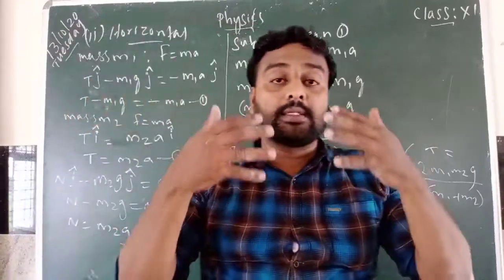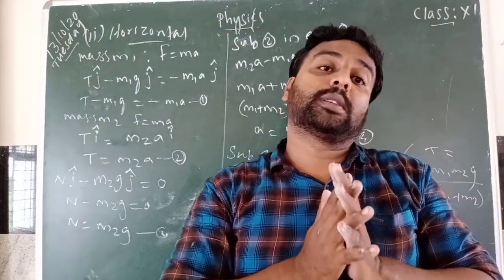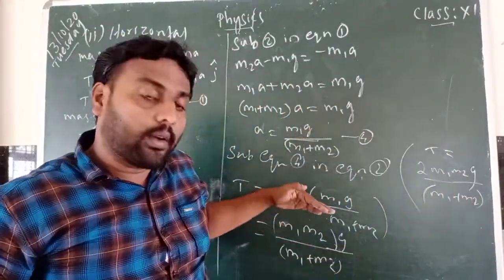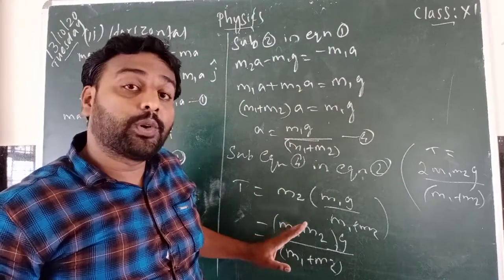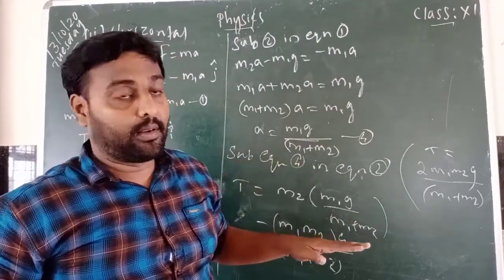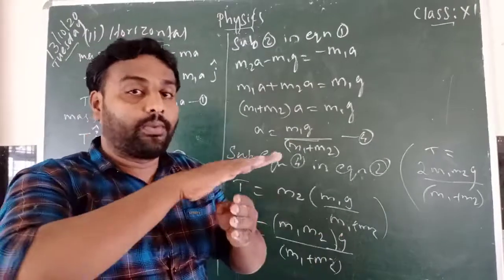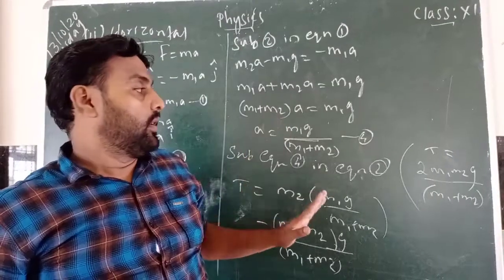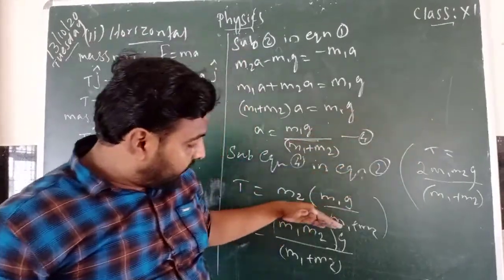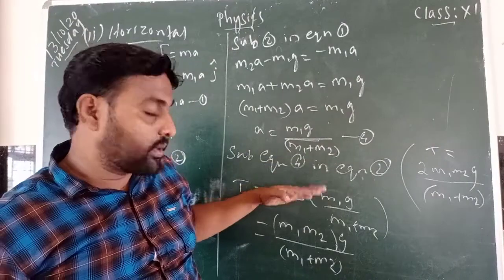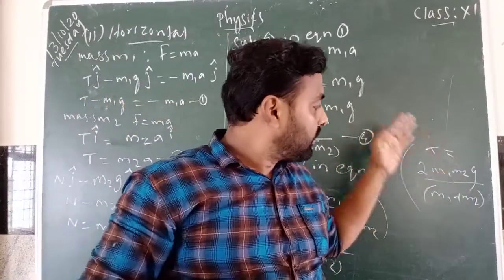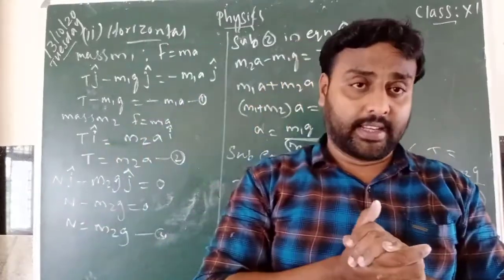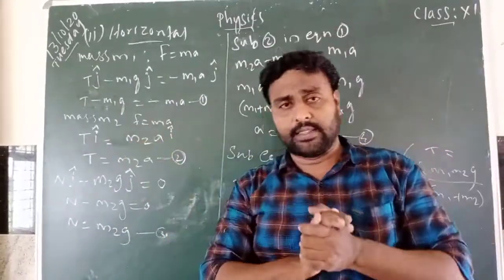Comparing them, the tension produced on a horizontal table is half. Here we see 2 times, here only 1 time. So the tension during horizontal motion is half of that in vertical motion. This is our derivation.